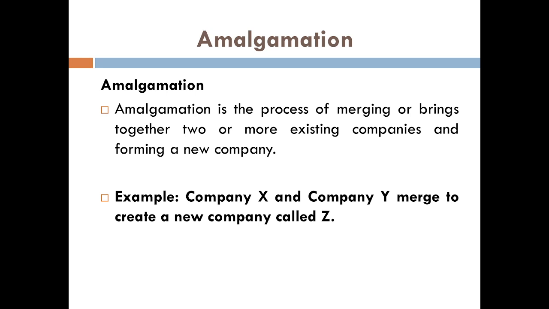There is no more X and there is no more Y. These two companies will come together and they form a new company called Z. So this is an amalgamation where the identity of the selling companies is lost and a new company by whatever name they desire is created.